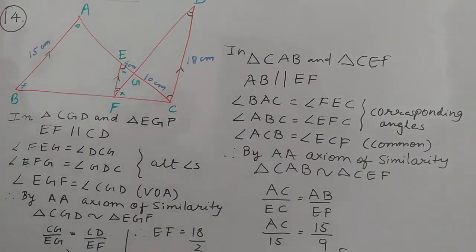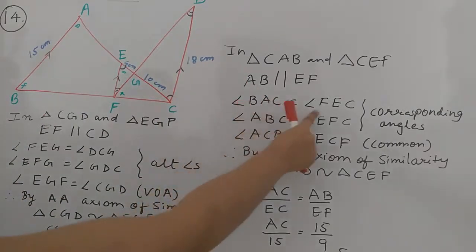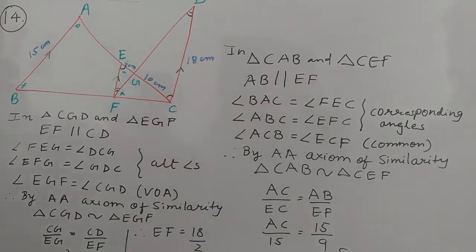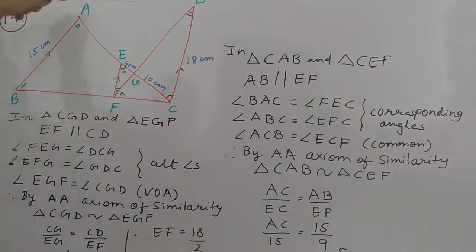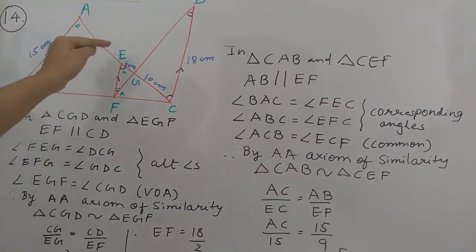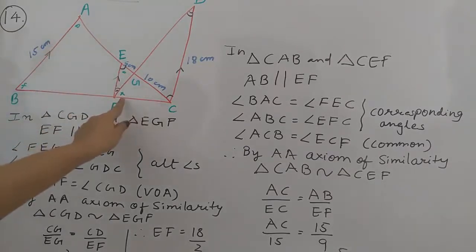So using it, angle BAC is equal to FEC. You can see BAC has a circle drawn with green color, and FEC also has a green circle. Then angle ABC has a cross drawn here, and angle EFC also has a cross drawn here.